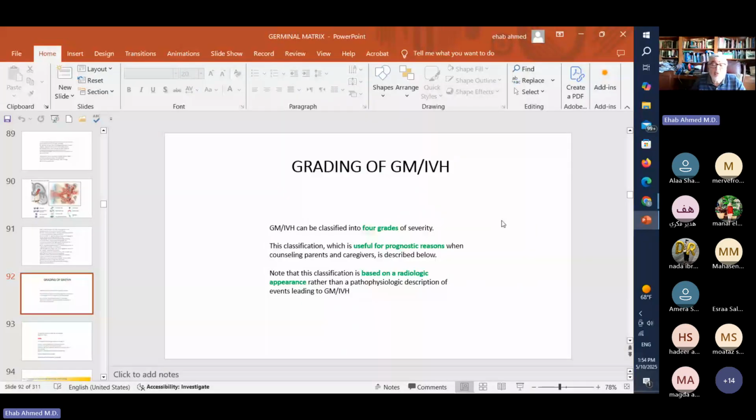We have two grading systems, the Papile and the Volpe. And the difference is a little bit, not a big deal. And I prefer the old one, the Papile one, which is much easier. We have grade 1, grade 2, grade 3, and grade 4, or periventricular hemorrhagic infarction. You can call it either way.